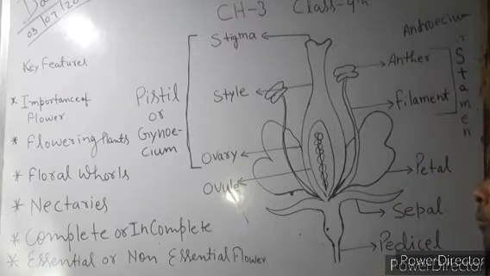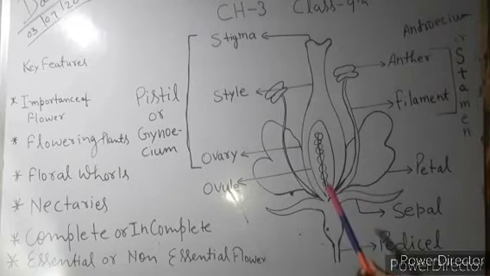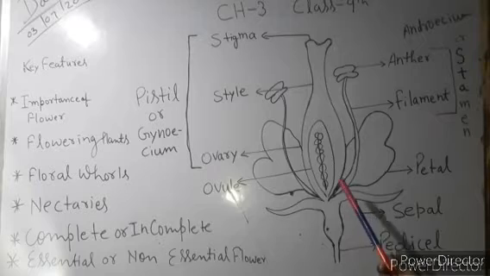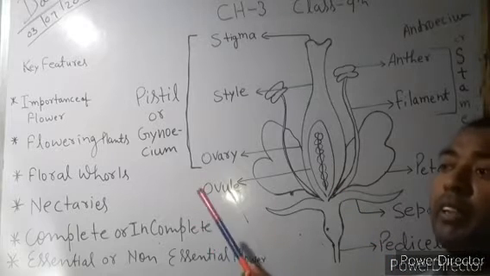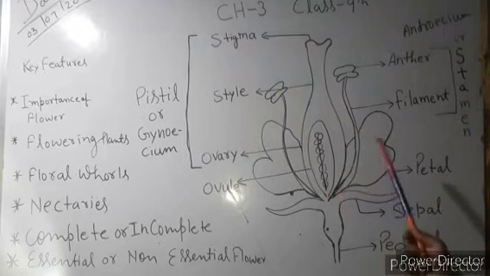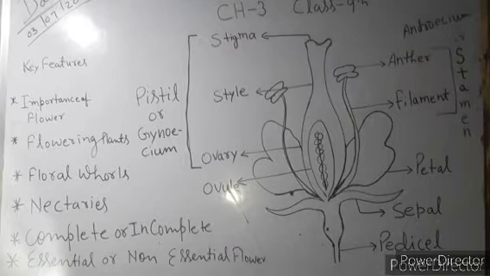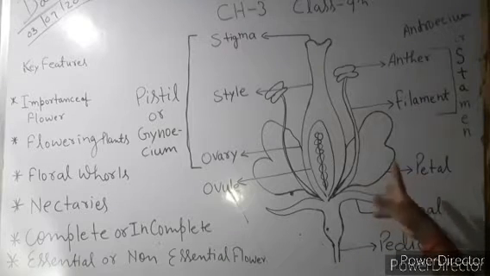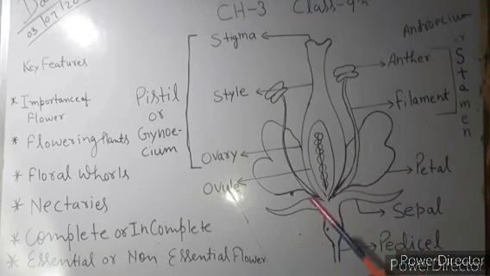Some flowers produce a lot of nectar, and some produce less. But to get the nectar, many flowers sit on the flower or the petals, and from that the pollen grains are attached to them. Okay, these are the structures which help in pollination.